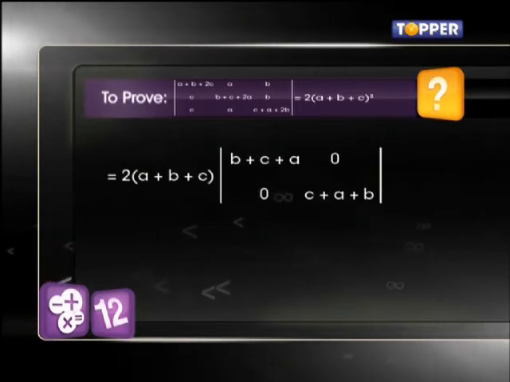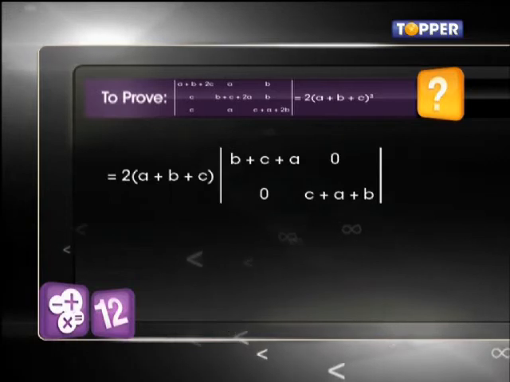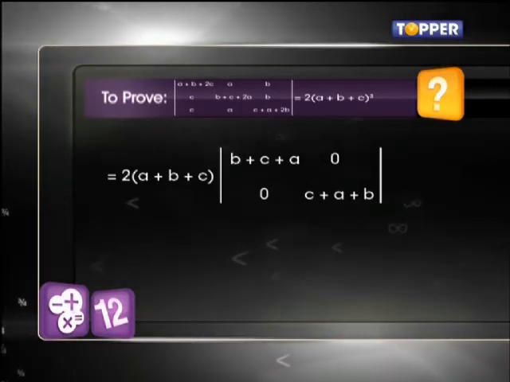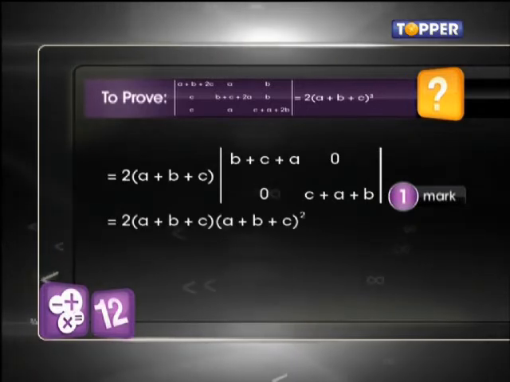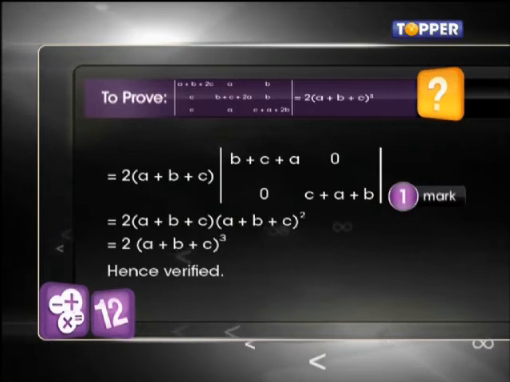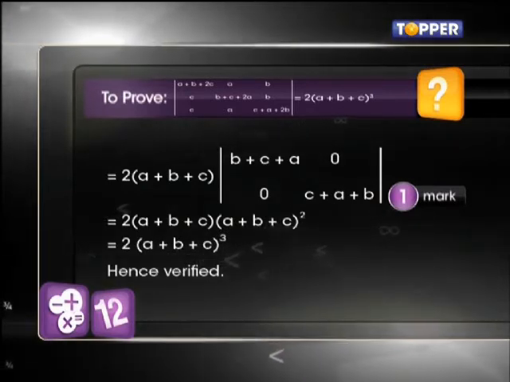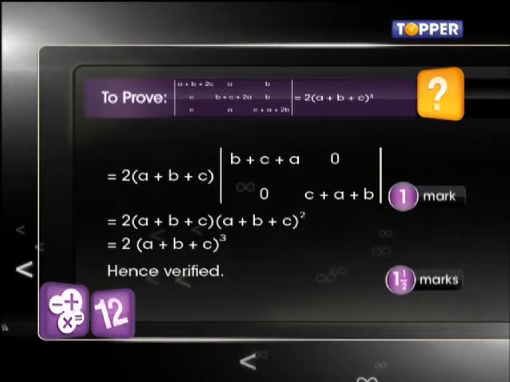Again, I'd like to emphasize that before expansion, try to reduce as many elements to 0 for simplification. By following this step, you'll easily get the desired result 2 into (a plus b plus c) whole cube as verified.